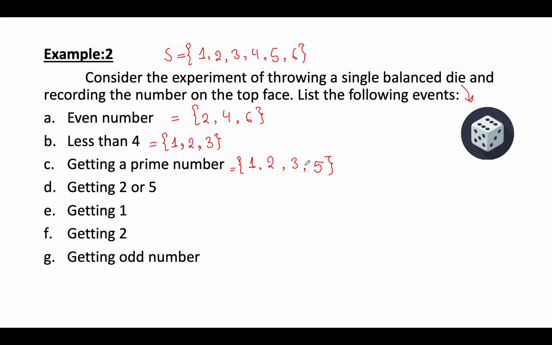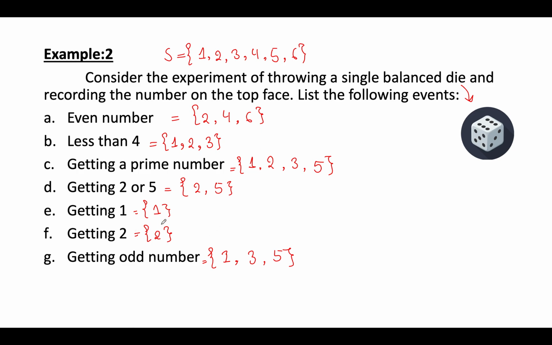And we know that a prime number is a number that does not have a factor except 1 and itself. All right? How about getting 2 or 5? It would be either 2 or 5. The event of getting 1 is equal to 1. The event of getting 2 is equal to 2. And the event of getting an odd number is equal to either 1 or 3 or 5.